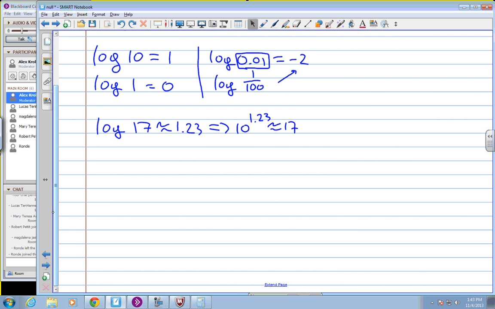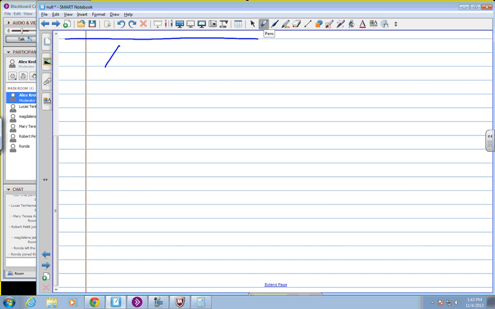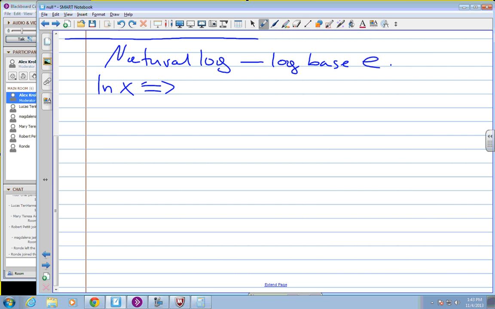Another logarithm that belongs to your calculator is the natural log. So this is log base e, that fancy number we learned last week. So natural log of x is really log base e of x.